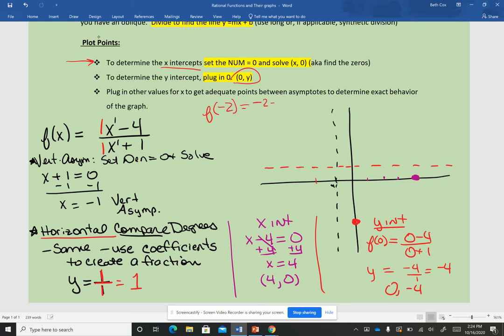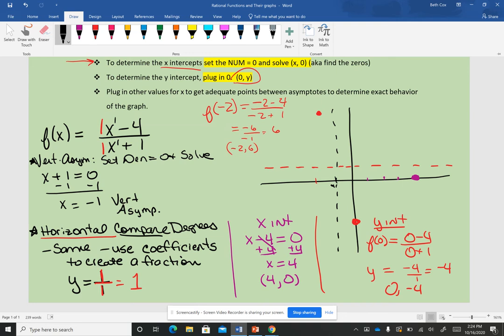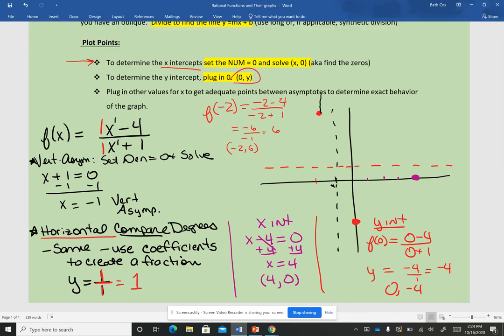So I have -2 minus 4 over -2 plus 1. That's going to give me -6 over -1, which is 6. So that's the point (-2, 6). Okay, so now when I go to my picture, I think I can find it now. I have one that's going like this, and I have another one that's going something like this. And I can usually pick them out.